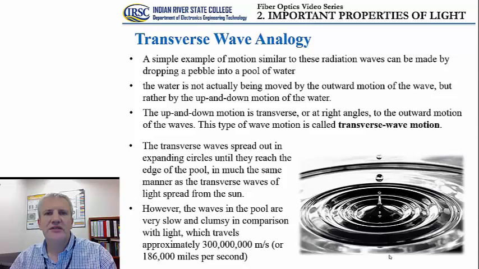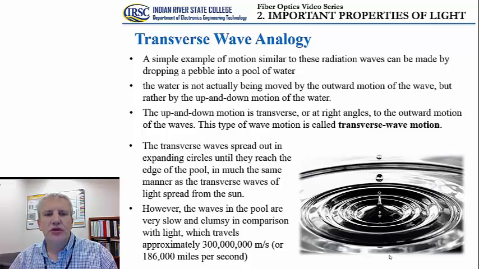To further explain the idea of transverse waves, here we are using an analogy with the waves in the water. A simple example of a motion similar to the transverse radiation waves can be made by dropping a pebble into a pool of water. So if we drop a pebble into a pool of water, we are going to create water waves.